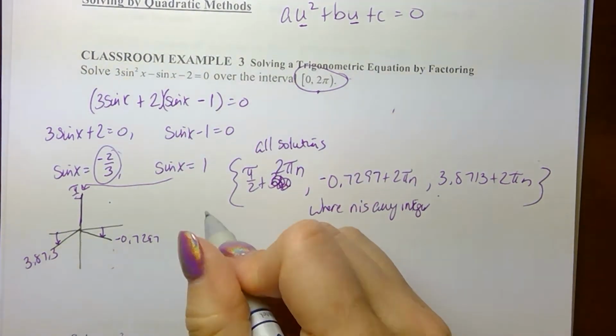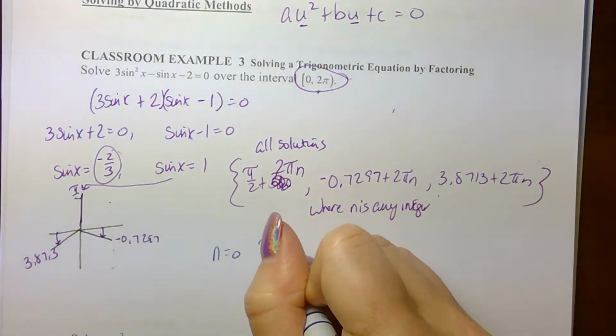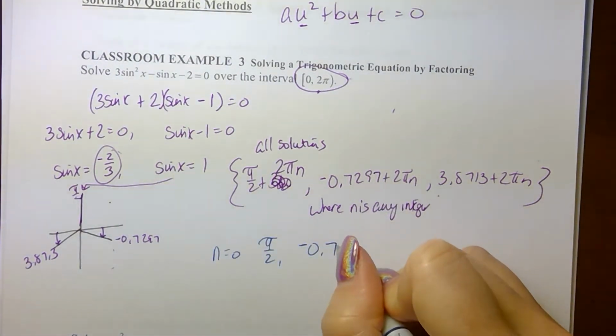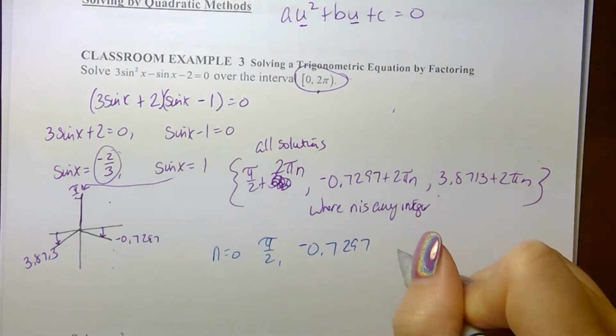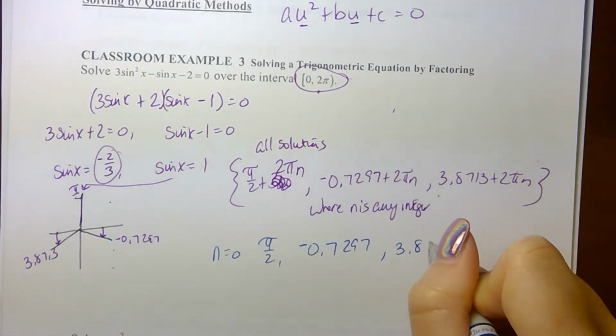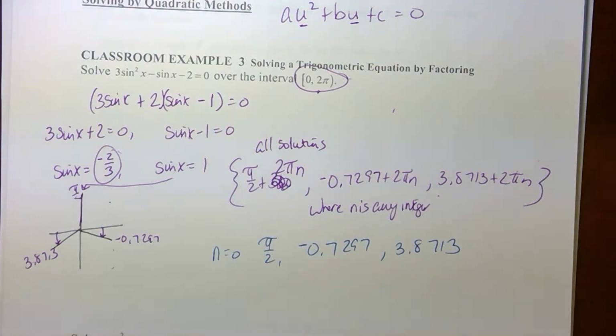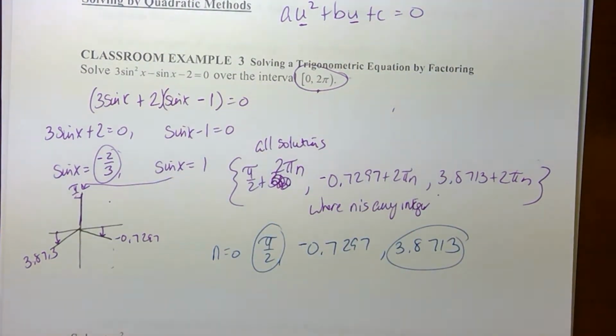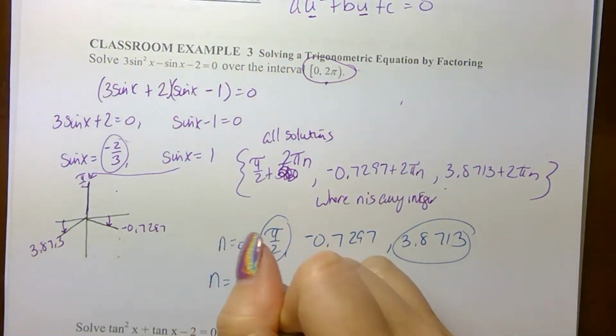Well, pi half is. So where n equals 0, I've got pi half, I've got negative 0.7297, and I've got 3.8713. Out of these 3 solutions, this one and this one are inside my interval 0 to 2 pi. What if I go to n equals 1?